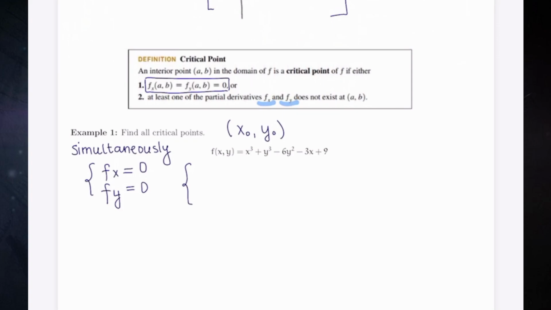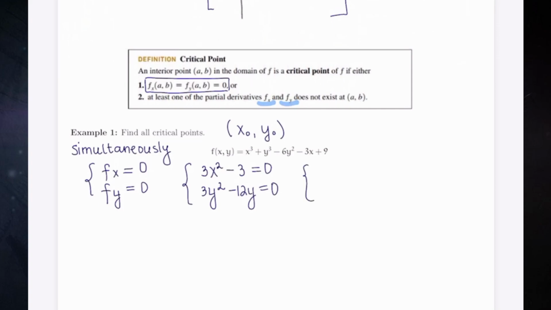For f sub x, this is going to be 3x squared minus 3 is equal to 0. And then the derivative with respect to y, what is that going to be? That's going to be 3y squared minus 12y is equal to 0. I'm writing this as a system because I need to make sure that these conditions are satisfied at the same time.